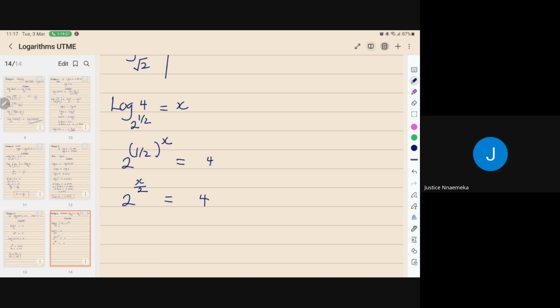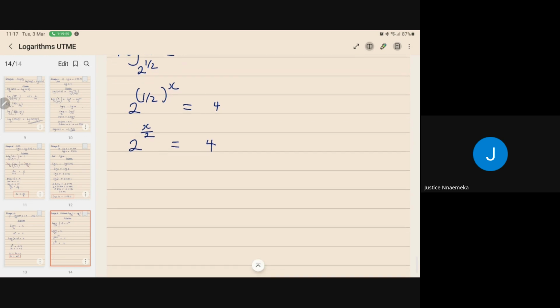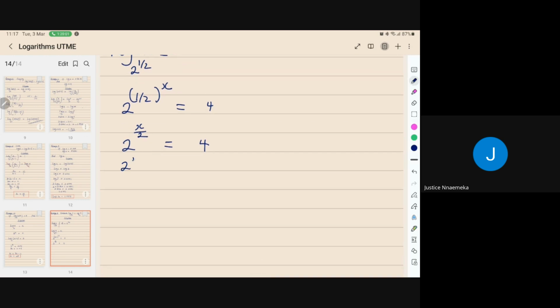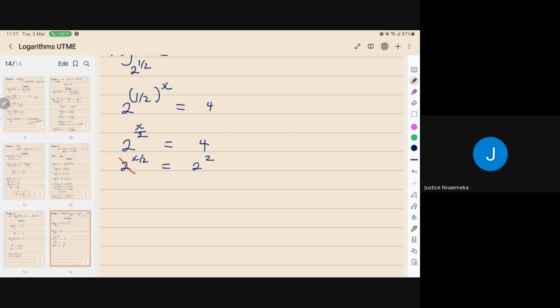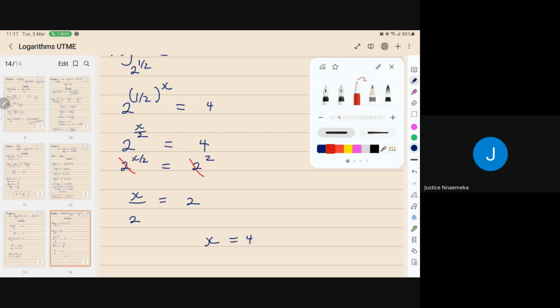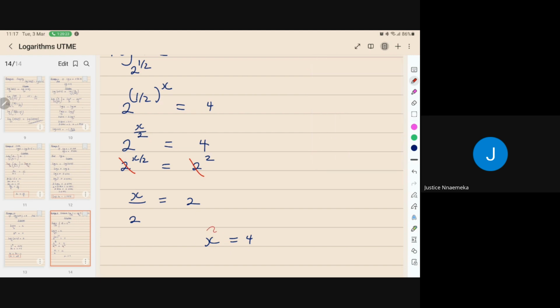But remember something very interesting from when we did indices: I can break 4 into 2 raised to the power 2. Is that not so? Now I can cancel out this side of the equation, so let this cancel out this. Then I end up with x over 2 equal to 2, so that x is equal to 4. That means we've simplified the first part of the equation, right?